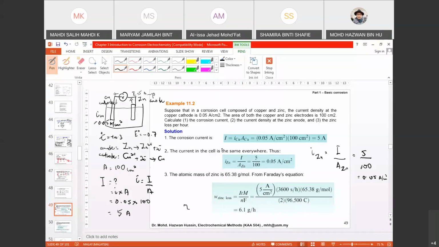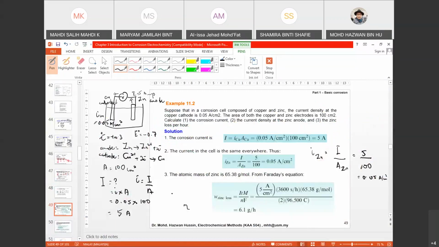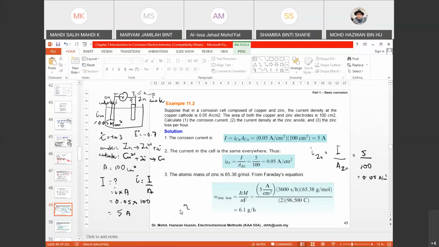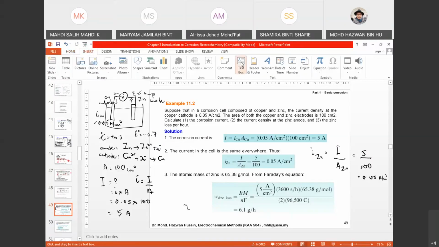If you do the unit conversion, 1 hour is equal to how many minutes? 1 hour is equal to 60 minutes, and 1 minute is equal to 60 seconds. Let me insert a text box over here. My pen is not working.